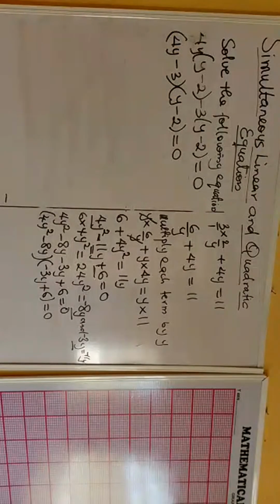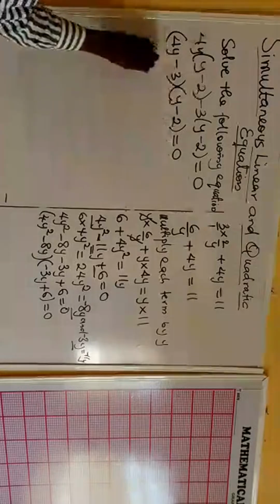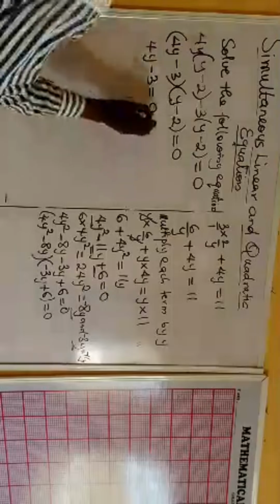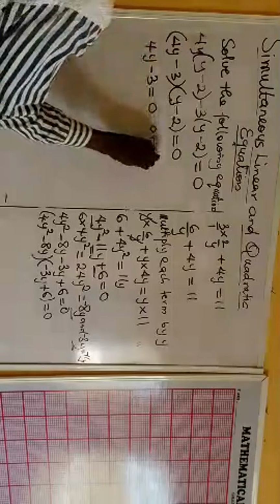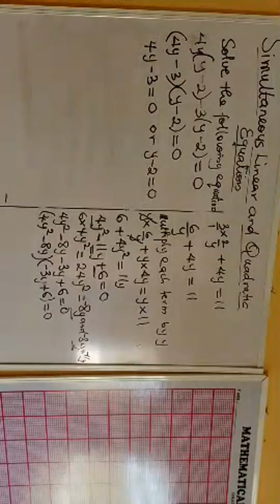Let us get the root of the equation, equating each of the brackets to 0. So here is 4y minus 3 equal to 0, or y minus 2 is equal to 0.